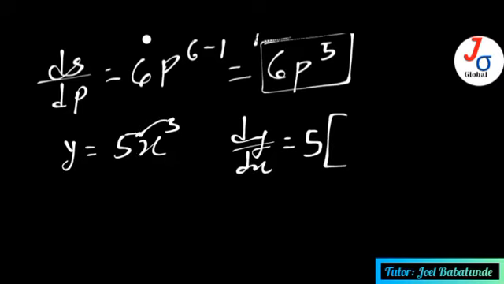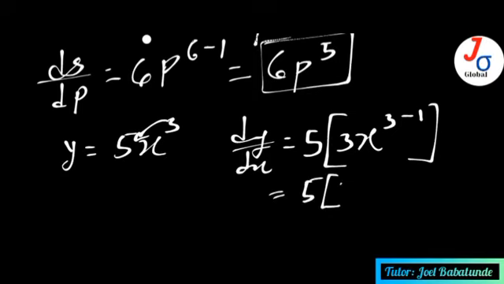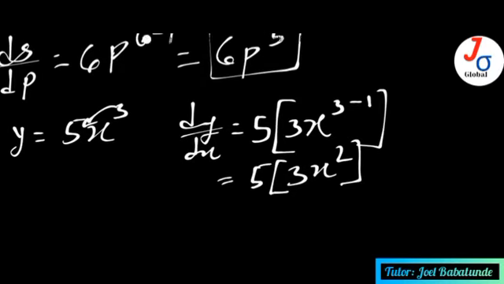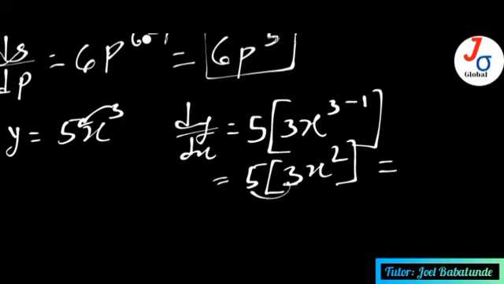Bring down this 3, so you have 3, then x, then 3 minus 1, and so you have 5 times 3x to the power of 3 minus 1, which is 2. And 5 times 3 is 15x squared. So that's it.